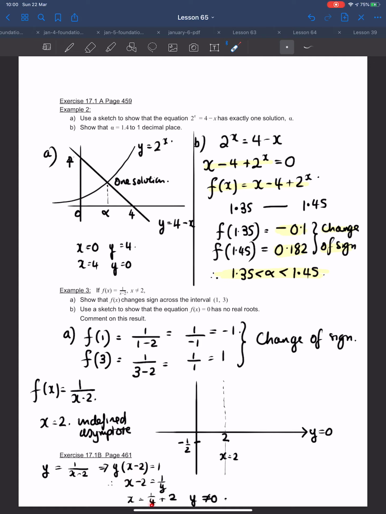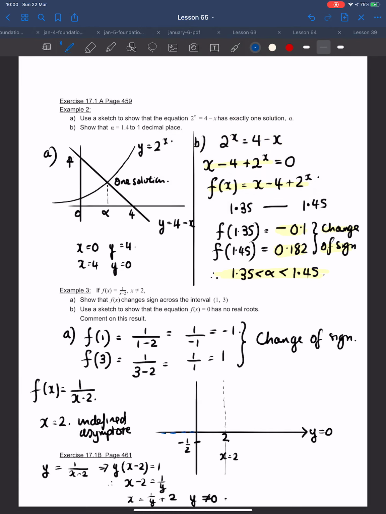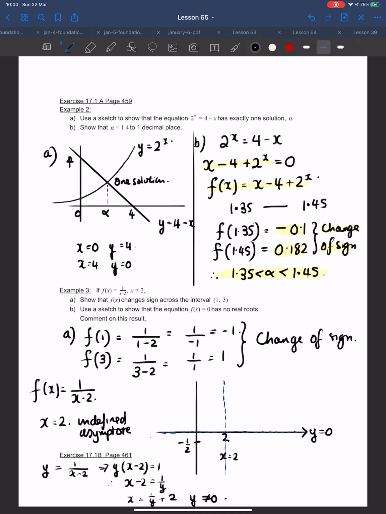The problem there is when y equals 0. So I'll put this in another colour over the top here. I'll do the asymptotes in blue so you can see them hopefully. This is an asymptote too. And then the graph looks like this.